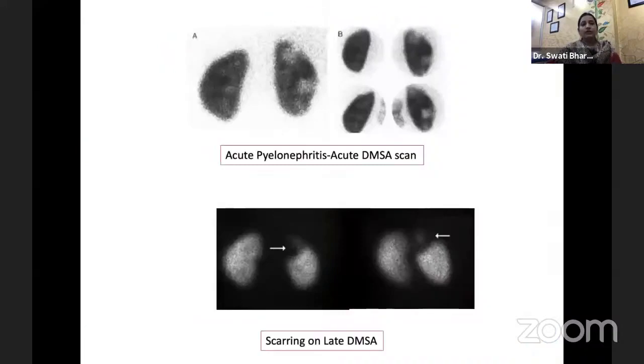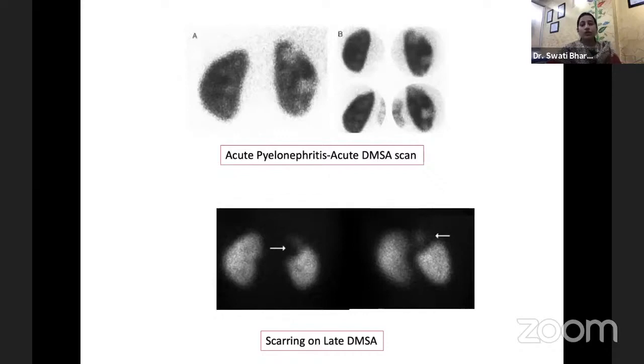When we do a scan during an acute episode of infection, we will still see some abnormalities in the form of photopenic areas, but these still have potential to resolve. So a DMSA scan for diagnosing acute pyelonephritis is not recommended. Rather, an interval DMSA scan after 4 to 6 months should be done so that we know that these scars are permanent.